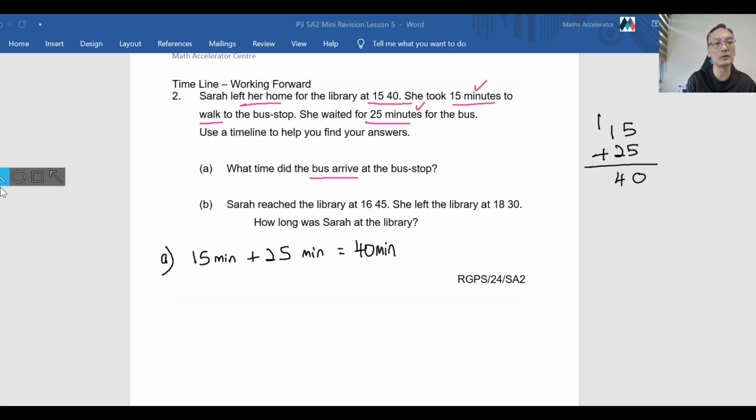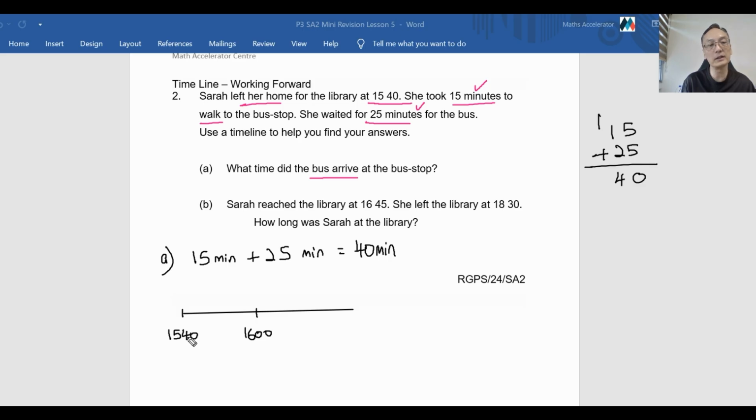So now, let's construct our timeline. Okay, we're given the starting time. Starting time is 15:40. So we write here 15:40. So we need to draw, extend out, and find out what's the time 40 minutes later? So the nearest hour mark is 1600.